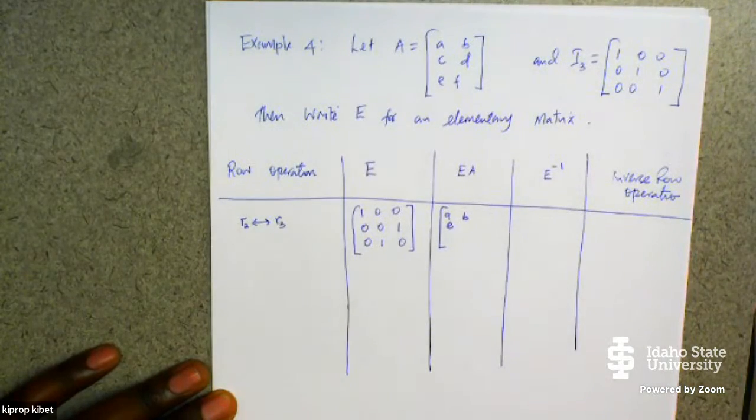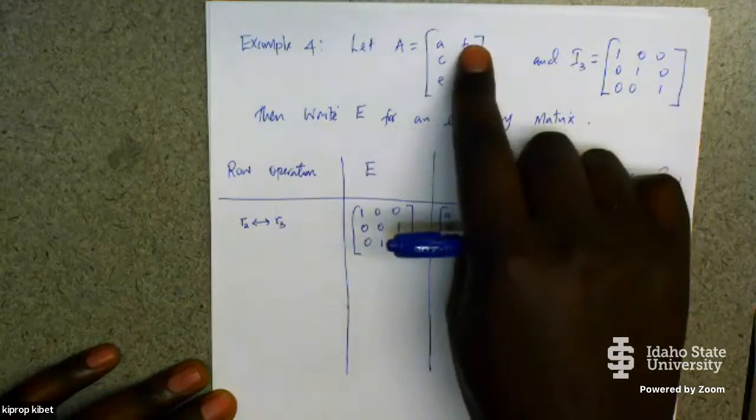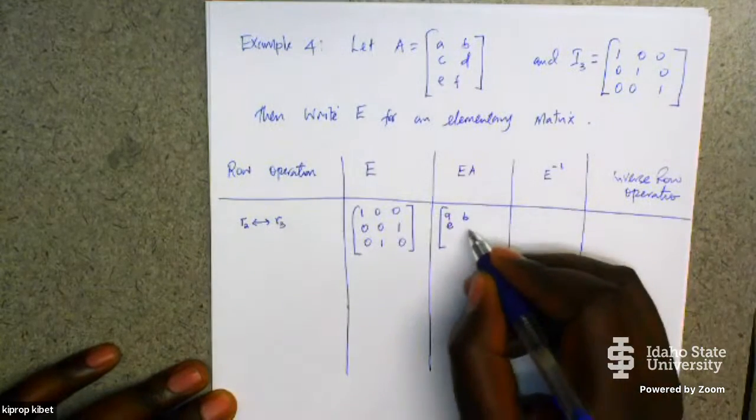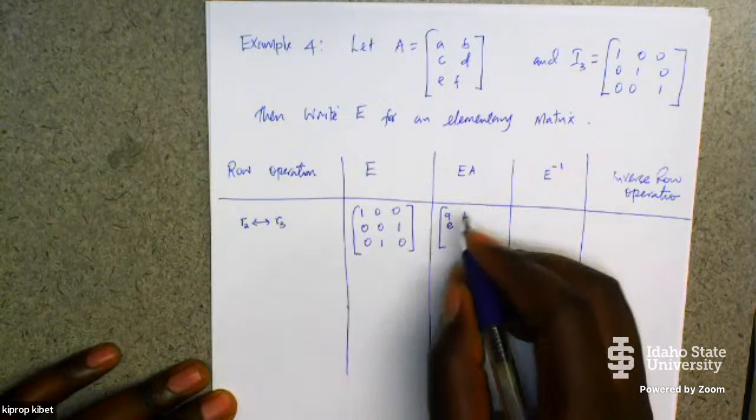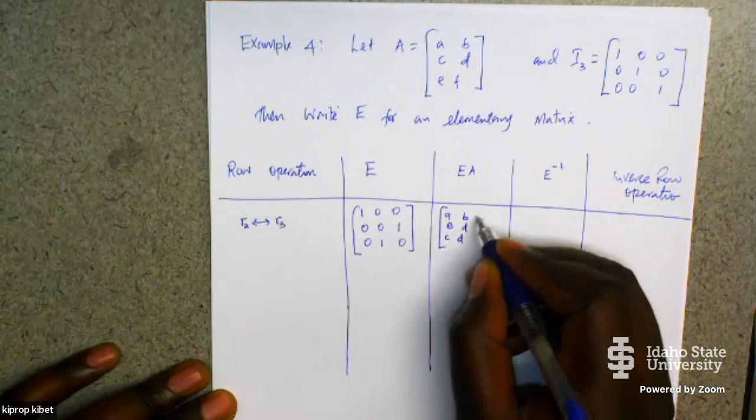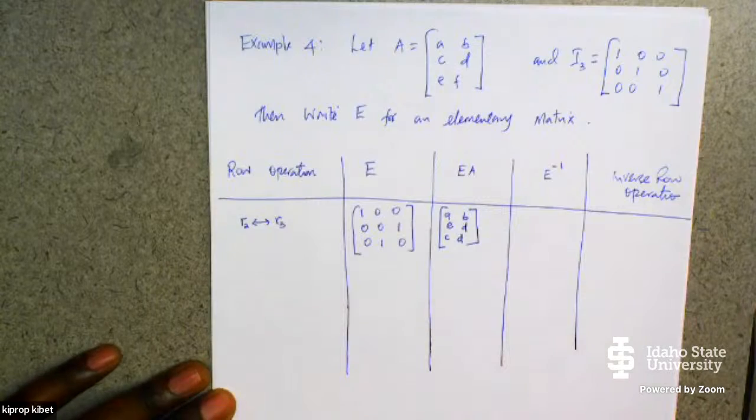So we get our D there. And then finally, our C and D there.